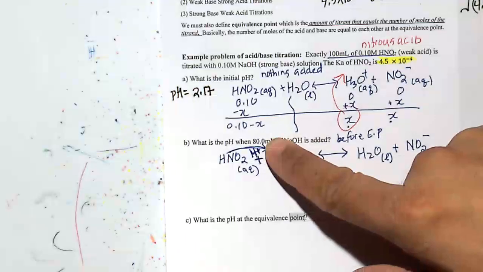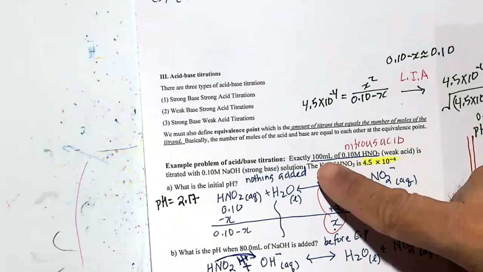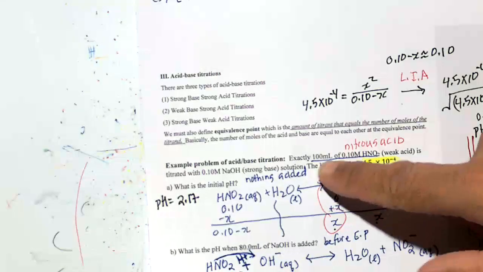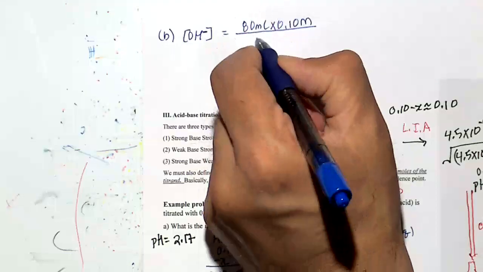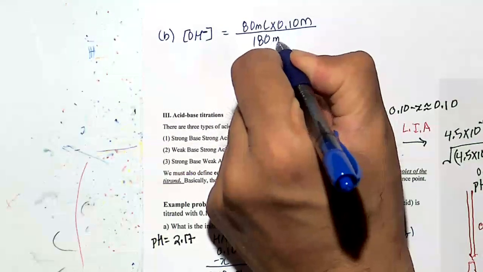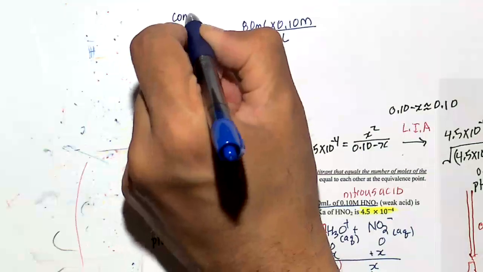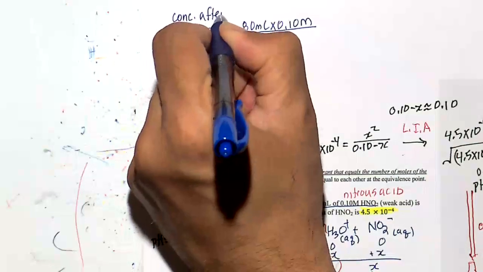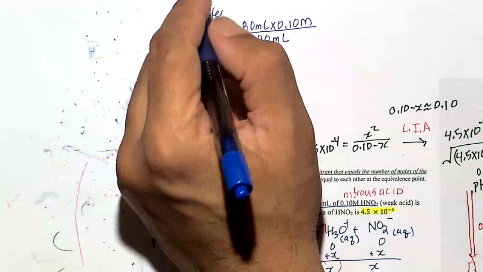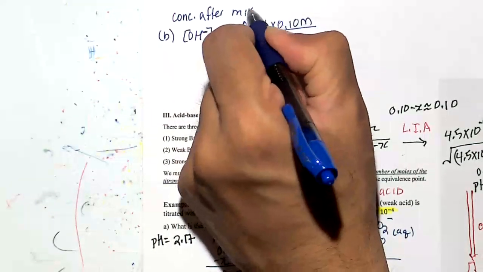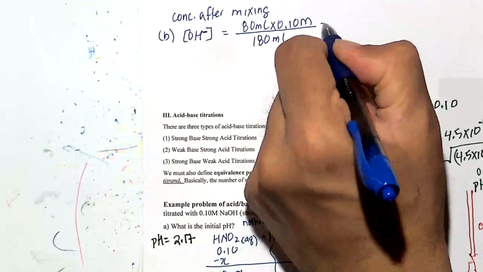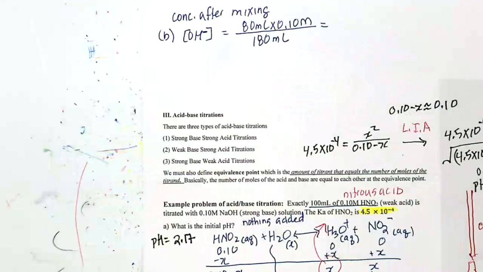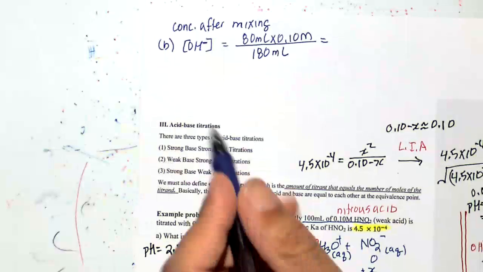We added 80 mils to how much HNO2? 100. So what's our total volume? 180 mils. So this is the concentration after mixing. This is the concentration of the OH after you added 80 milliliters to the 100 milliliters HNO2.